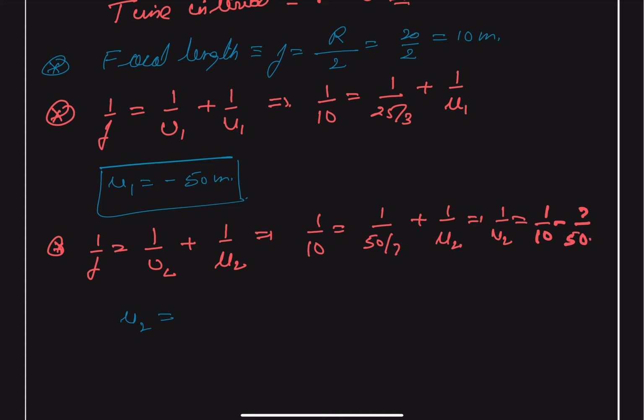This looks good. And we get this as 5 minus 7 over 50, and this is our 1 upon u2. And this gives us that our u2 is minus 25. So now we know the distance between the initial and final object distances, and we also know the time.